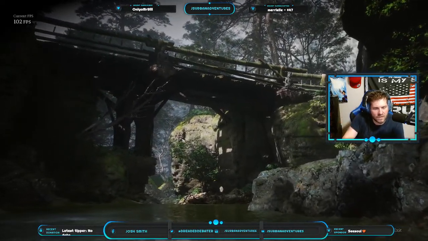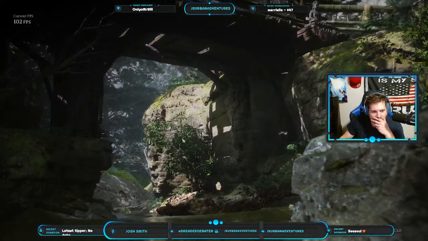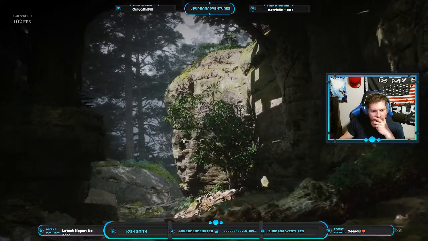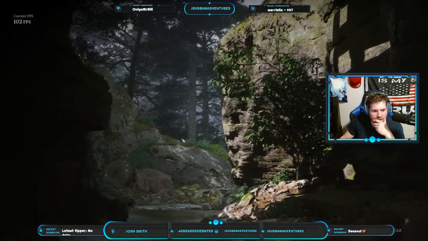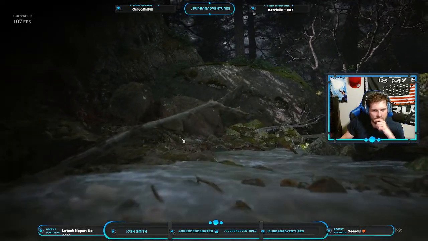This already looks better, and we're at 100 frames per second. I dropped the resolution down a little bit. View distance comes in really slowly.